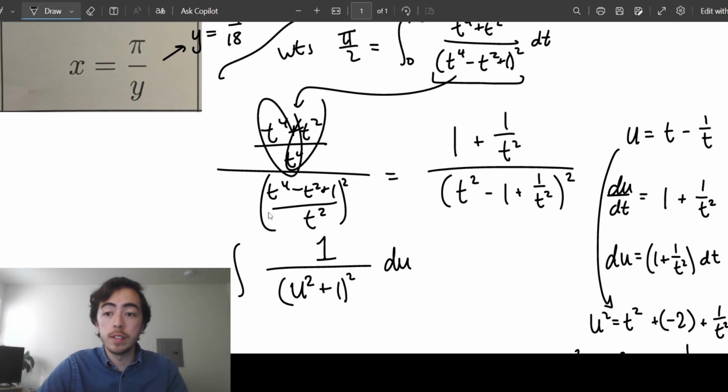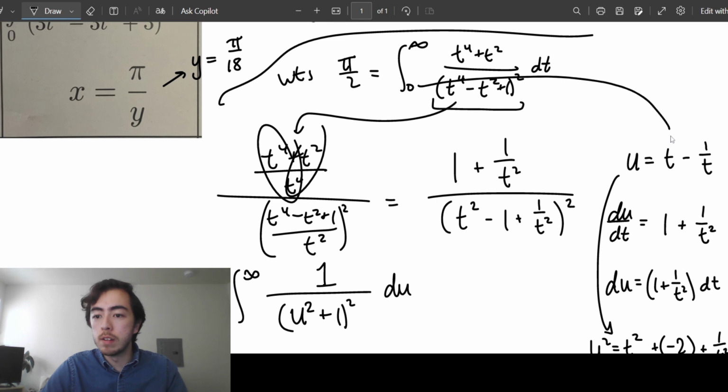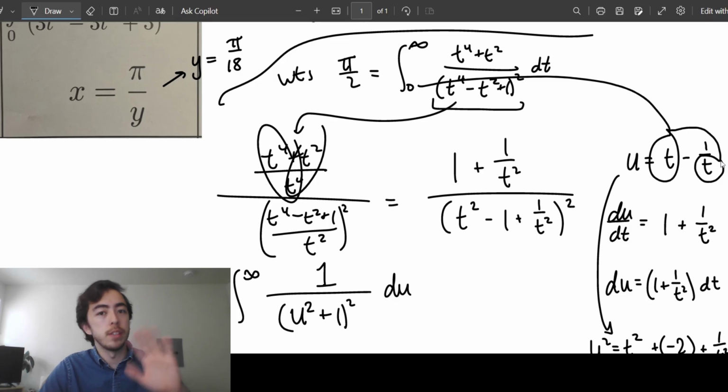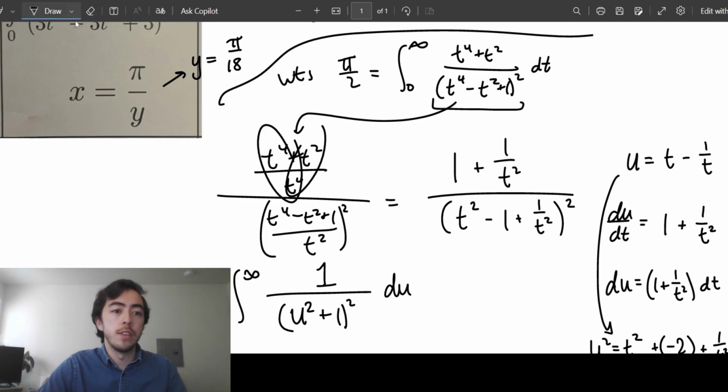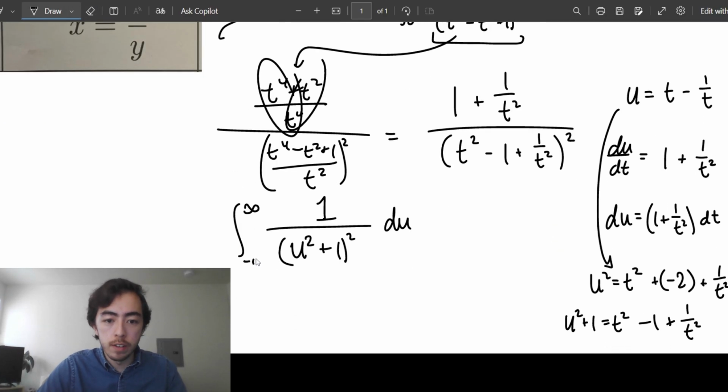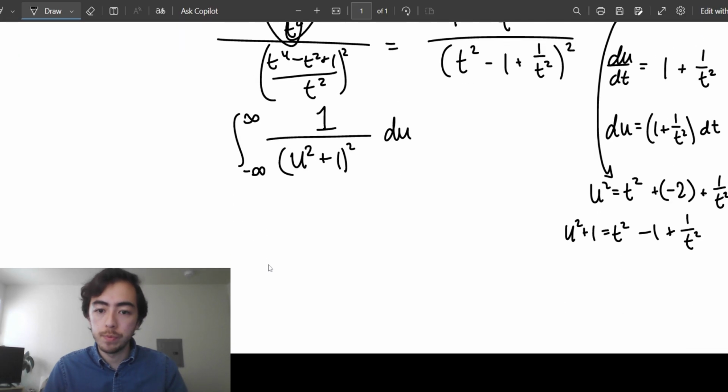So my upper bound stays the same. It's still infinity. And then when I plug in a 0, this number right here is 0. And then when I plug in a 0 here, 1 over 0, kind of with this limit idea, is an infinity, though we are subtracting that value of infinity. And so I do want a negative infinity for my lower bound in terms of u.